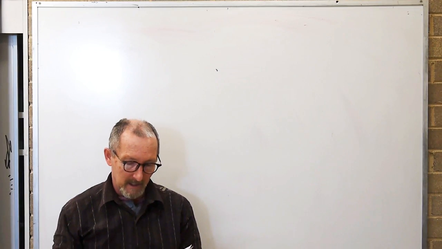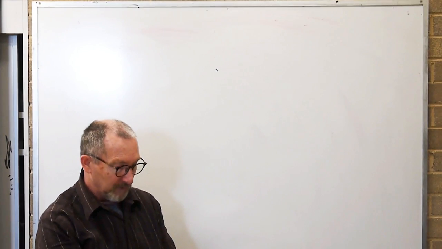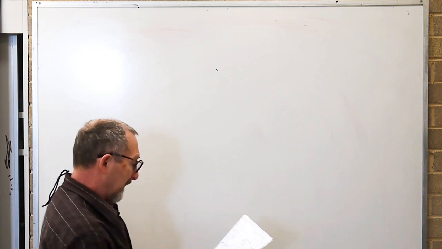All right, so we're up to question 7 in the quiz now, and question 7, not too dissimilar to the other questions, but probably one of the easiest questions in the whole paper.